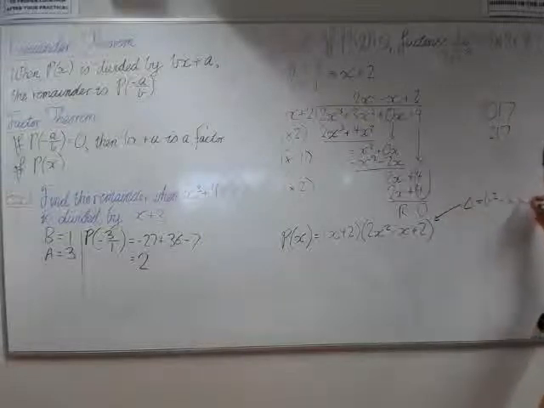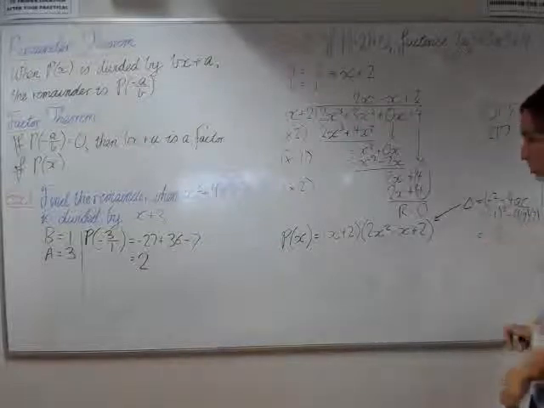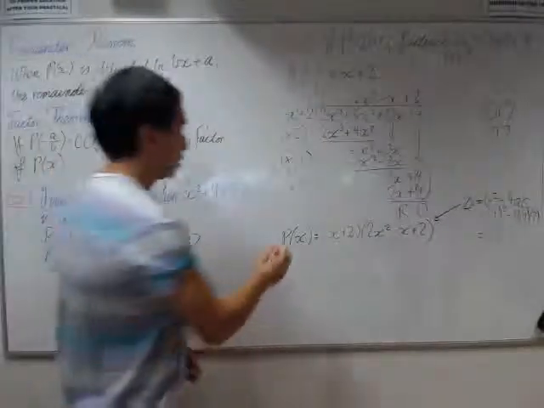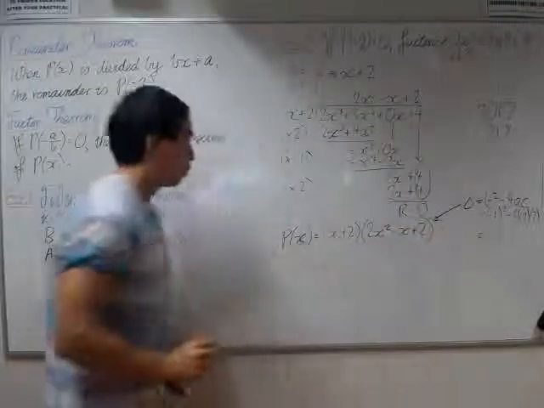So recall that the discriminant is b squared minus 4ac. b over here is negative 1, all squared, minus 4 times a, which is 2, and c, which is also 2. So we get 1 minus 8, which gives us negative 7. So since that discriminant is less than 0, this expression over here is our simplest factorized form of p of x.